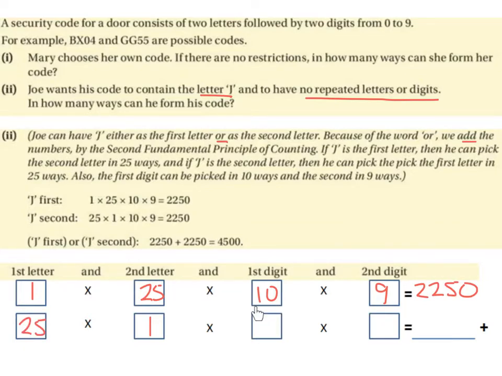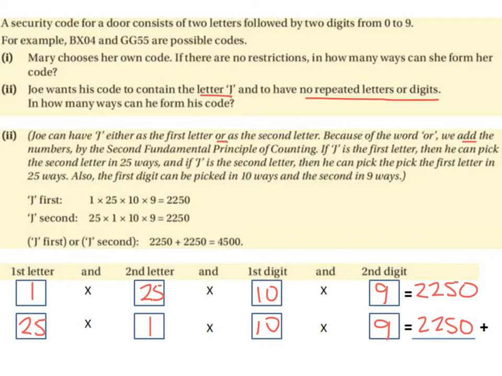We still have 10 options for the first digit. And remember, we're not allowed to repeat any letters or digits, so once we've used that one digit, we now have 9 left over for the second digit. Multiplying 25 by 1 by 10 by 9, we get 2,250.